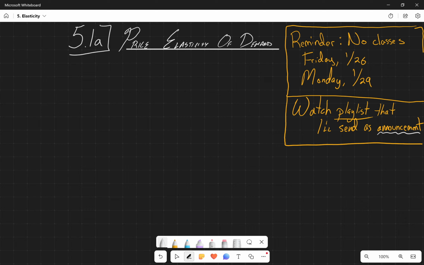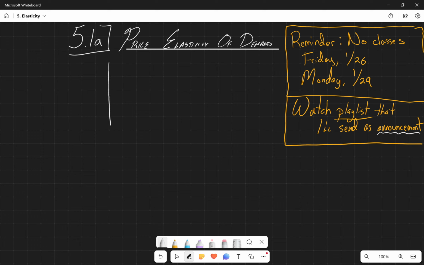Whether you can figure out if there's an ambiguous or unambiguous change in something like a quantity has to do not only with the size of the shifts, but also with the slope of the curve.